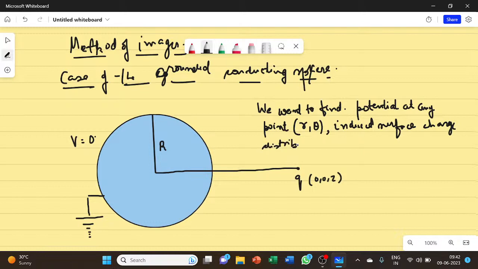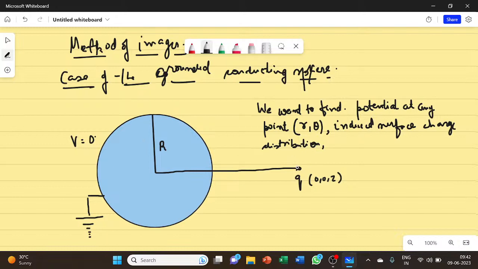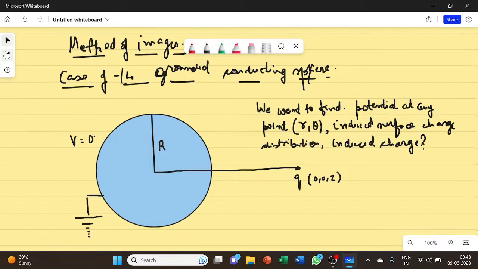We also want to find what would be the total charge induced on the surface due to this particular point charge. All these queries we have done for the cases of infinite planes. Also we can find what is the force exerted on this charge q.